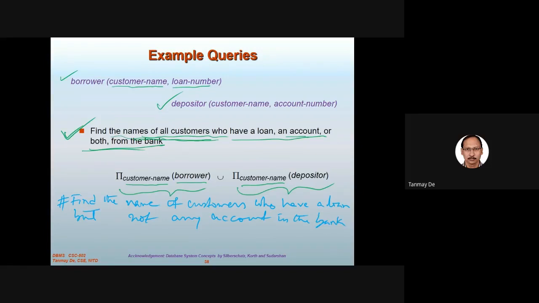So what is the query here? Find the name of all customers who have a loan but not an account.